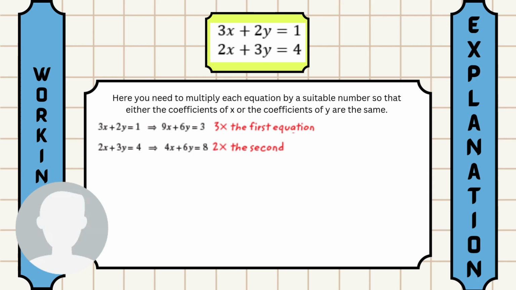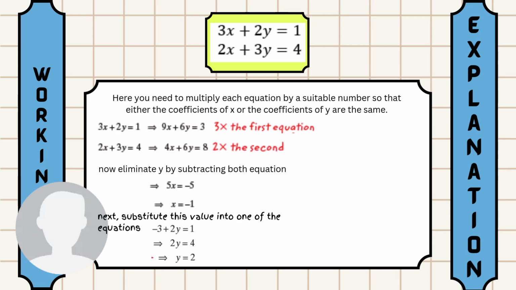And write down the outcomes. When you look at the outcome, you will notice both of the equations contain 6y. So you can eliminate the y by doing subtraction. Subtract both equations, which will result in 5x equals negative 5, which gives you x equals negative 1.